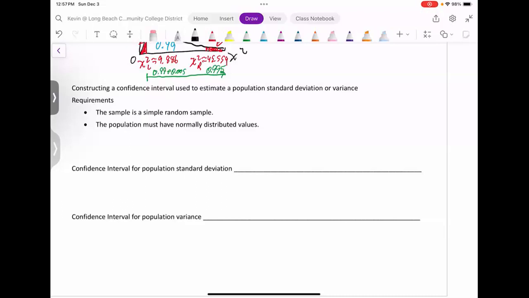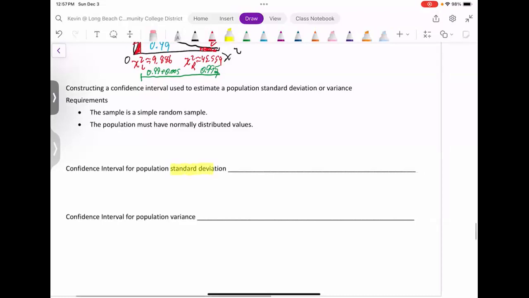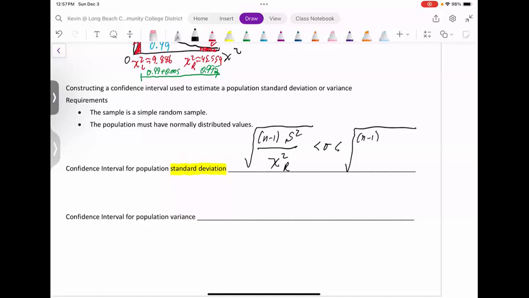All right, if we want the population standard deviation, then we're going to be using this formula. And you can see we need those critical values to be able to do that.